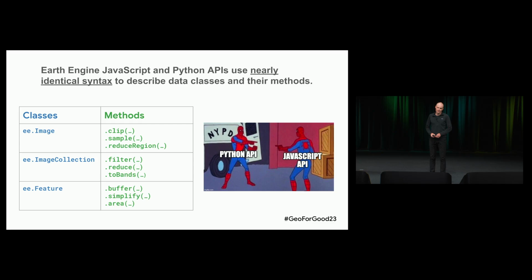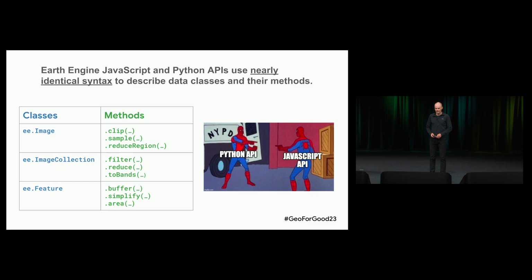And so Earth Engine, it's object-oriented. We have this set of classes, and these classes have methods. So here, for example, we have an Earth Engine image, an image collection, and a feature. And these represent different kinds of data. And each data type has a specific set of methods, and these are the things that you can do with these data.